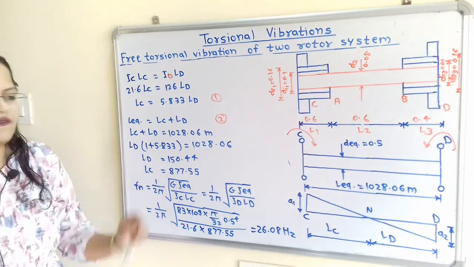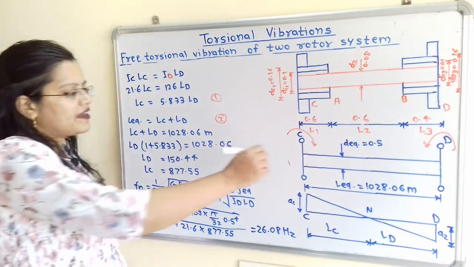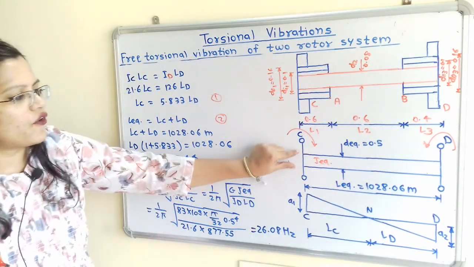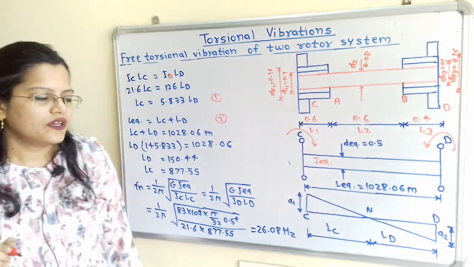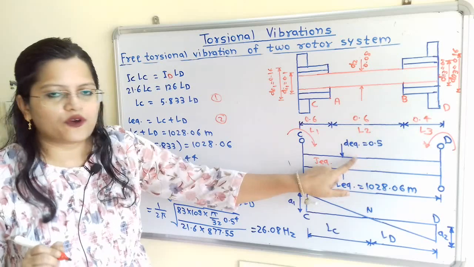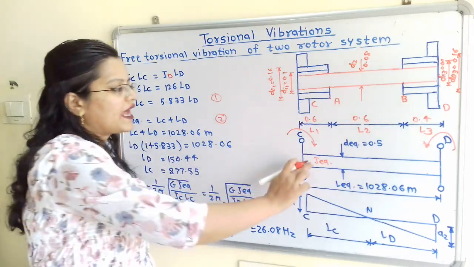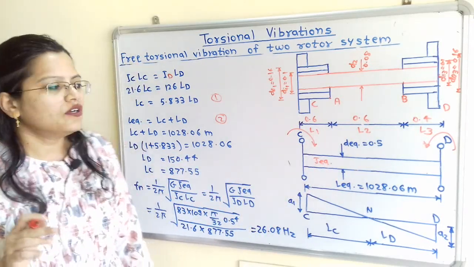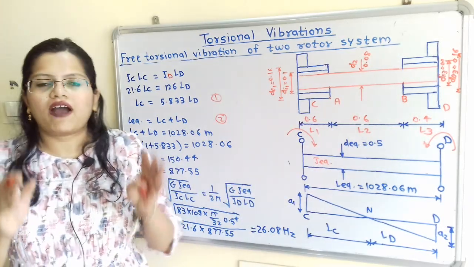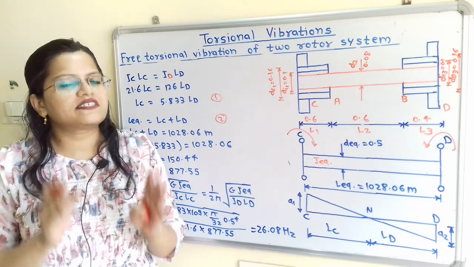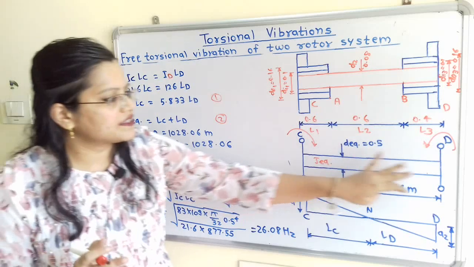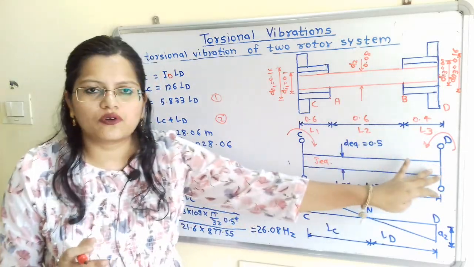Now what is J equivalent? This J equivalent is the polar moment of inertia for this equivalent system. So this node point is for this equivalent system. So we have to calculate here J equivalent. Why is this polar moment of inertia developed? Because it is the resistance to the torsional vibration that occurs because of the ends of the rotor.